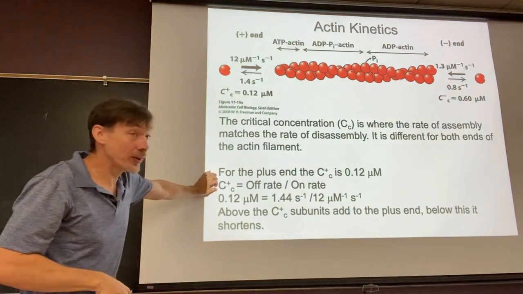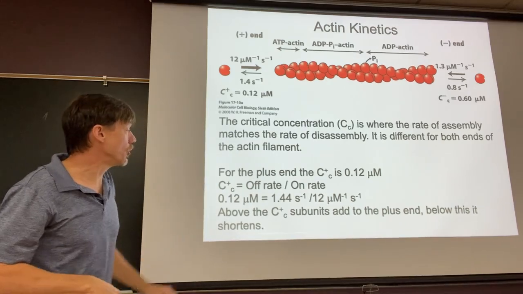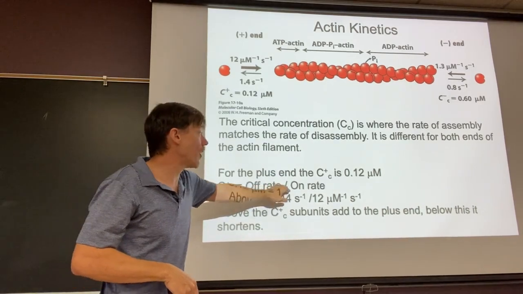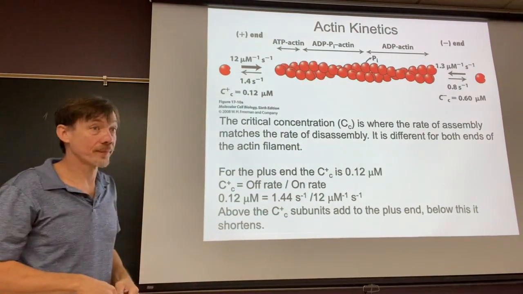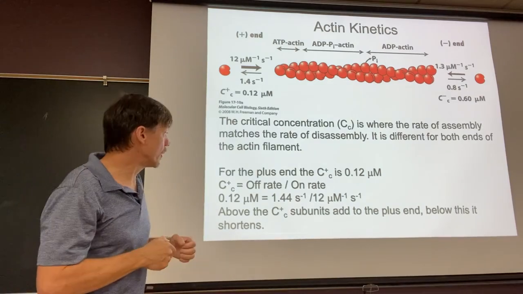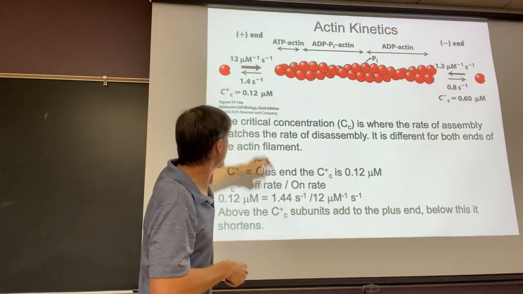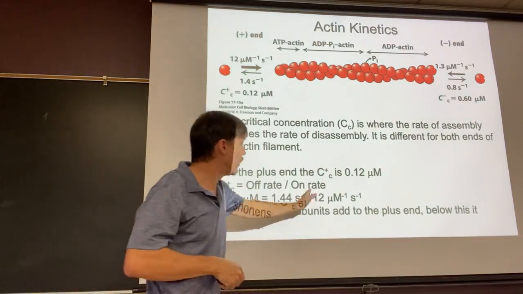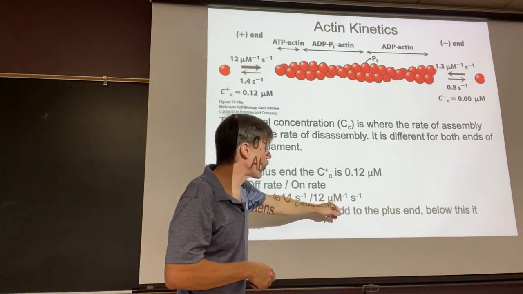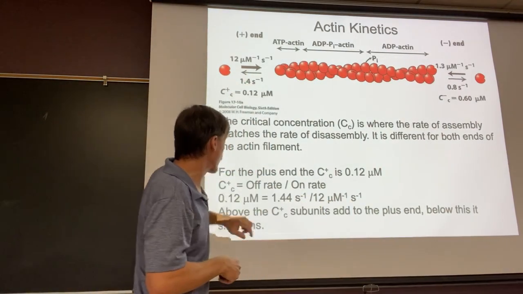So to calculate the critical concentration, you just take the off rate and divide it by the on rate. And if you think about it, we've got our 1.4 per second up here, divided by 12 per micromolar per second, that's up there.